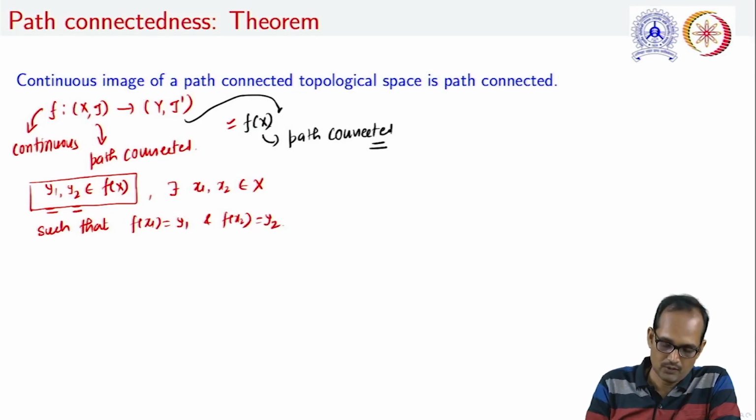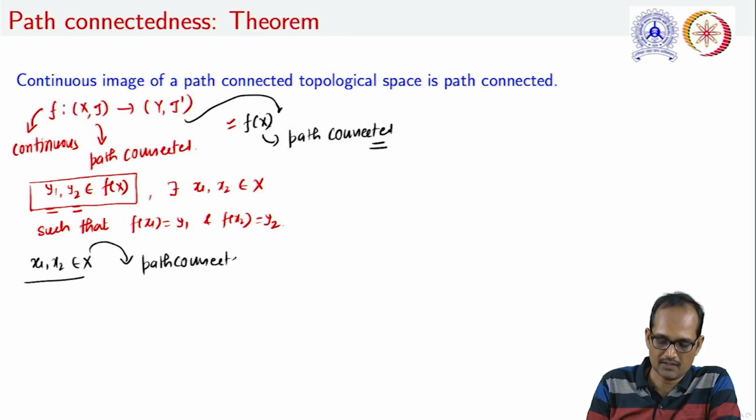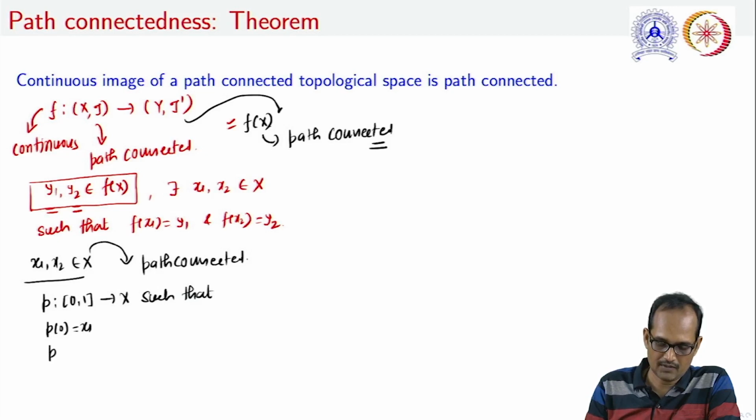Also, note that these x1 and x2 are in X, and this X is path connected. And if this is path connected, we can construct a continuous function p from [0,1] to X such that p(0) is equal to x1 and p(1) is equal to x2.